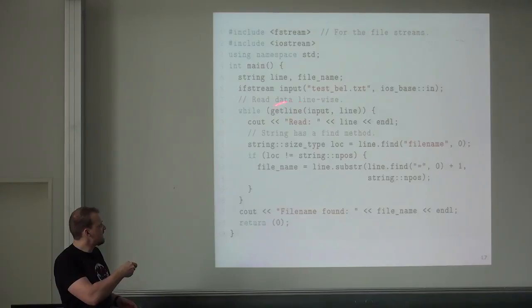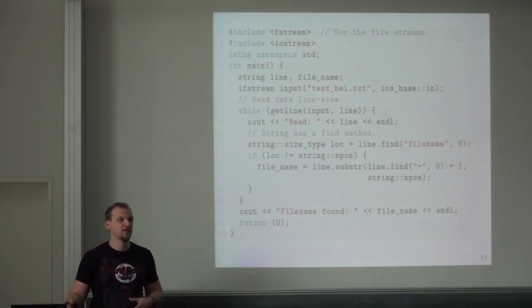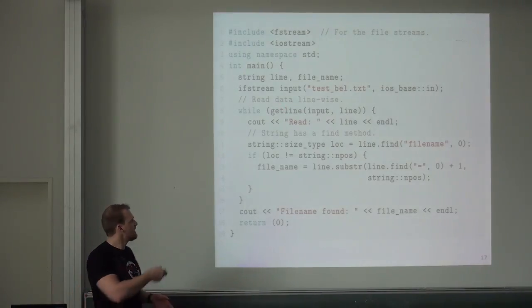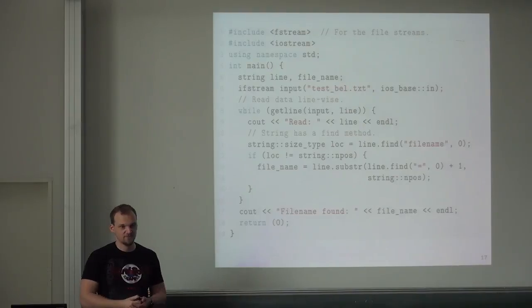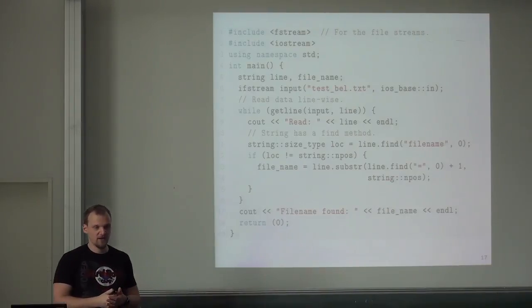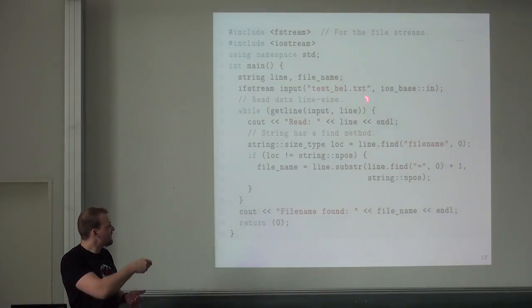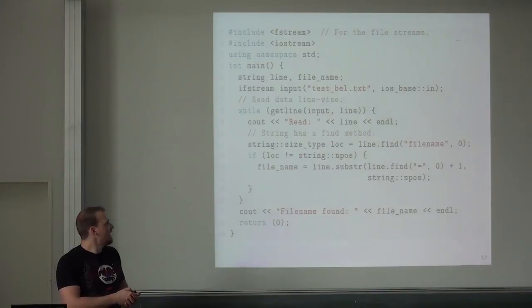What you can do is getLine. getLine still returns a Boolean telling you whether it succeeded or not. It takes an input, this input, and it populates this line with it. So you already have to have a variable of type, say, string, and it has to be a line.